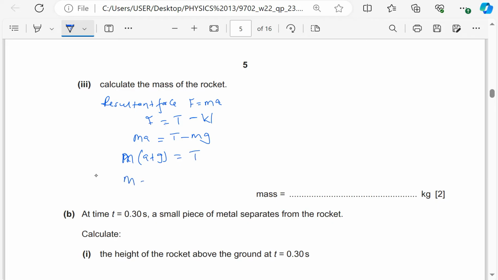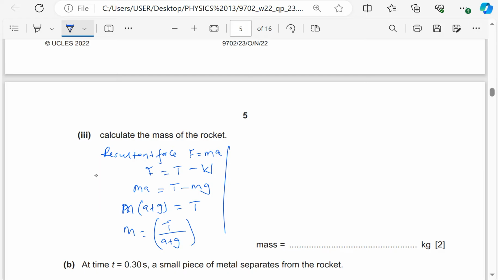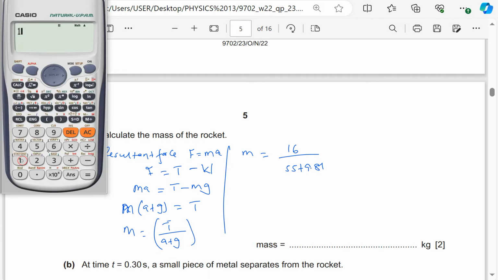In other words, the mass is the thrust divided by (A plus g). So the mass of the rocket is 16 divided by 55 plus 9.81, which gives 0.25 kilograms.